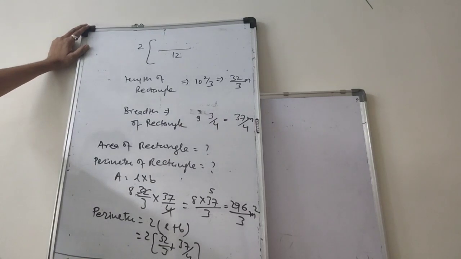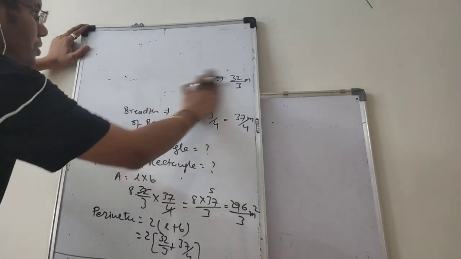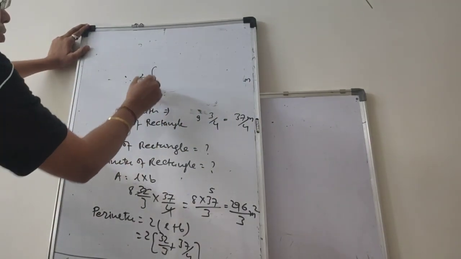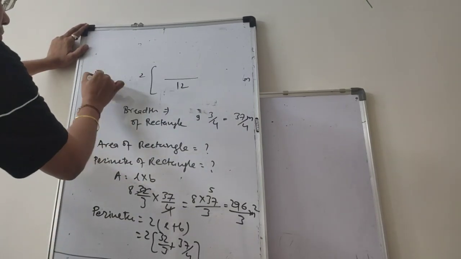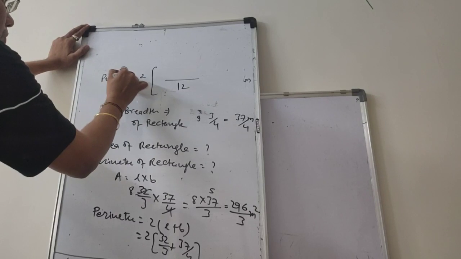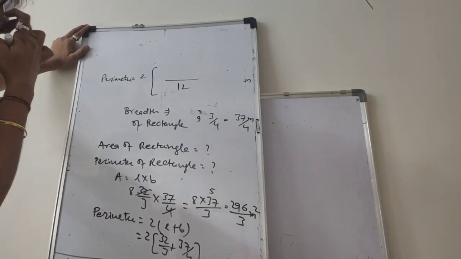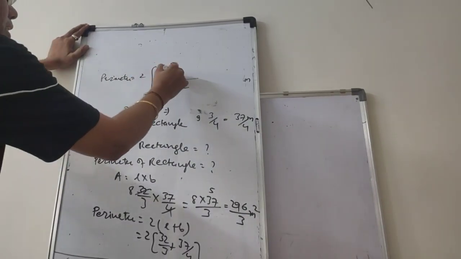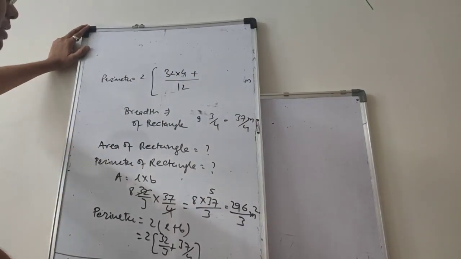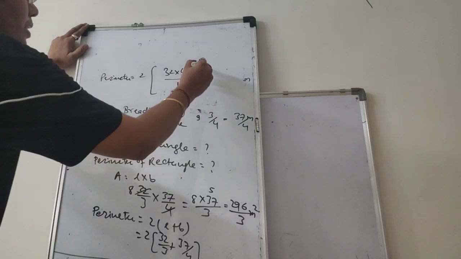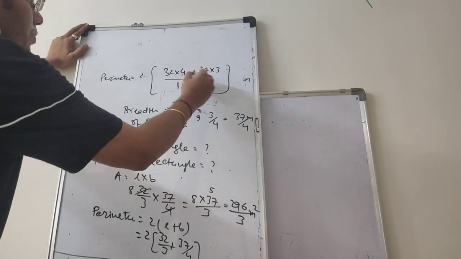Now 12 is divided by 3, the quotient is 4. 4 is multiplied by 32. And 12 is divided by 4, the quotient is 3. It is 37 into 3.